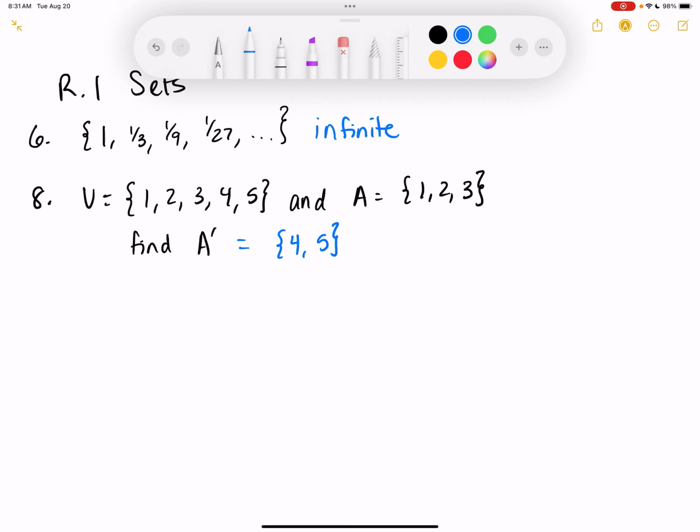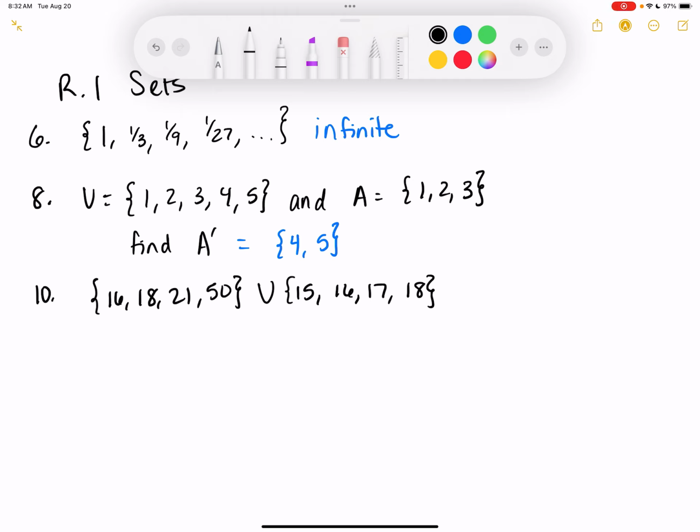All right, number 10. We have the set 16, 18, 21, and 50, union, which is what that U means, with the set of 15, 16, 17, and 18. So union means everything that's in both sets that are being combined.